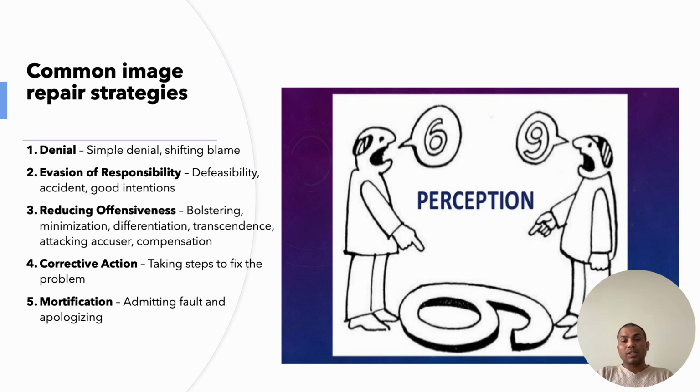And the fourth one is corrective action. It is also one strategy that can help the organization or individual public figures manage their reputation during the crisis, like taking steps to fix the problem, right?